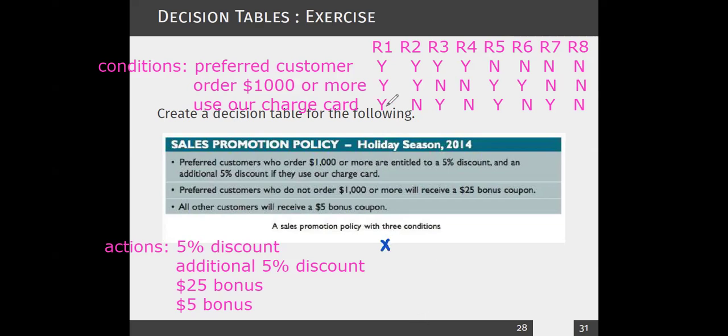Since they have used a charge card, you will get additional 5%. You will get 10% discount there. Then you have preferred customer, you order 1,000 or more, but you don't have our charge card. What happens? You get only 5% discount.